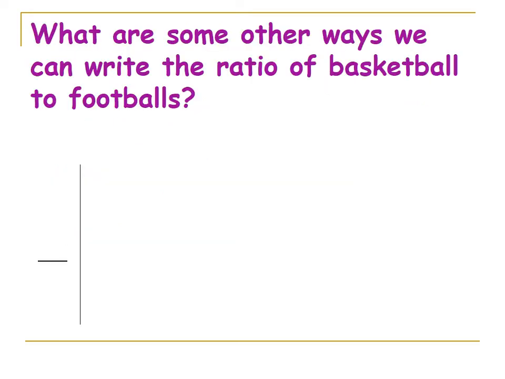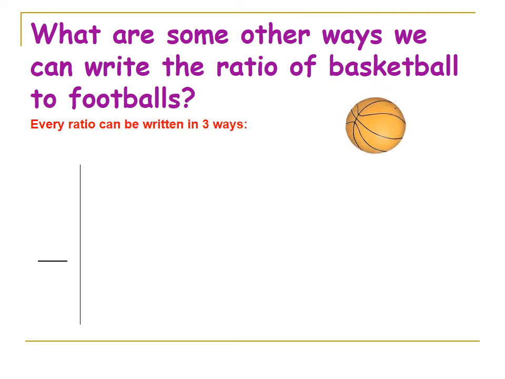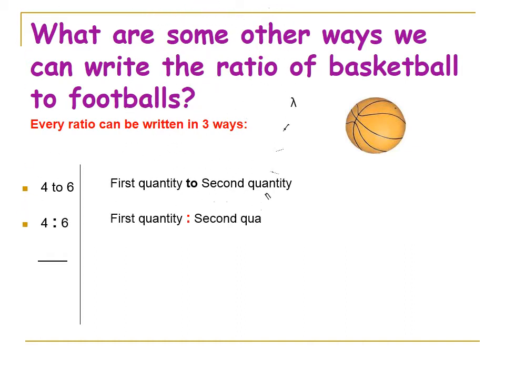What are some other ways we can write the ratio of basketballs to footballs? Every ratio can be written in 3 ways. The first way is 4 to 6: first quantity to the second quantity. The second way is by using the colon, 4 colon 6: first quantity, then the notation of the colon, then the second quantity.